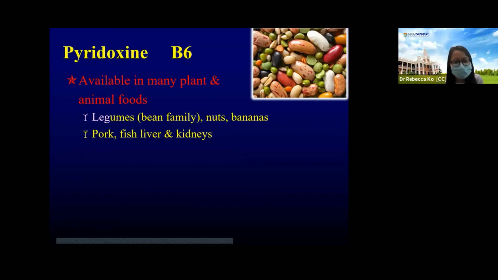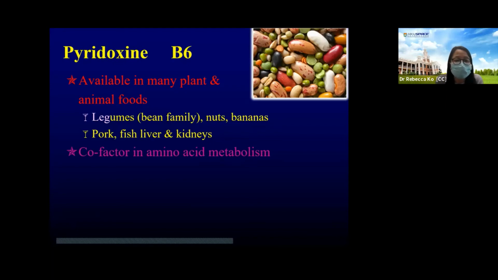Other than this, if you don't like fruits, you don't like beans, maybe you have pork, right? Fish, liver, kidneys, that may not be so healthy, but I think most people should have enough intake of B6.